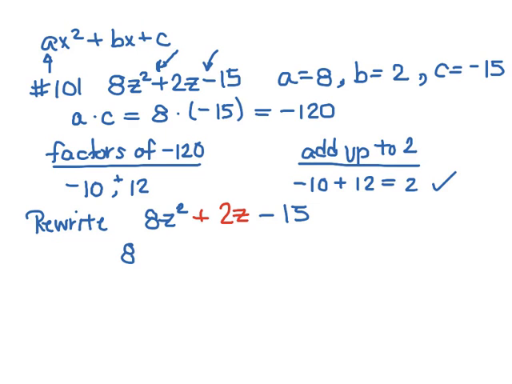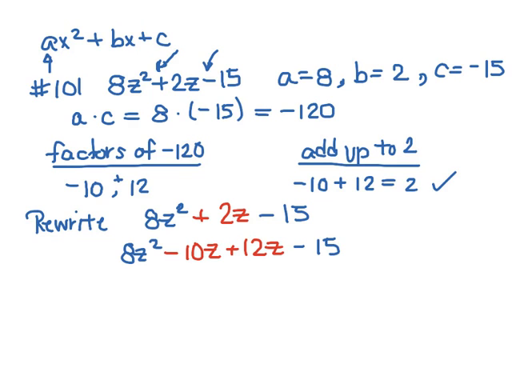So we've got 8z squared, and instead of 2z, I'm going to write minus 10z plus 12z. Remember, minus 10z plus 12z gives me a 2z, so I've just rewritten it that way, and I have a minus 15 here.